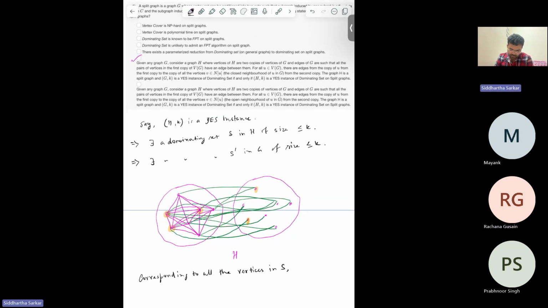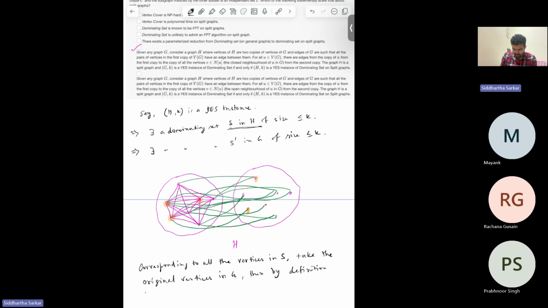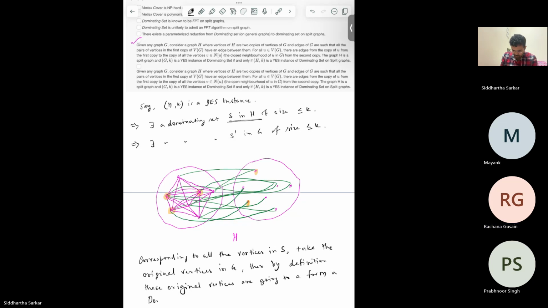So if you have looked at the construction of H, then you can see that corresponding to all the vertices in the dominating set S of H, if you take the original vertices in G, then by definition these original vertices are going to form a dominating set in the original graph G. So that means this statement is true.